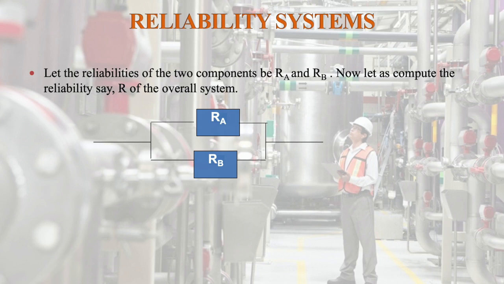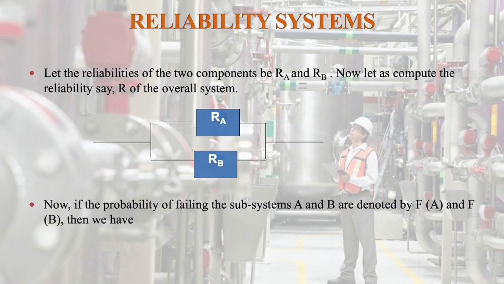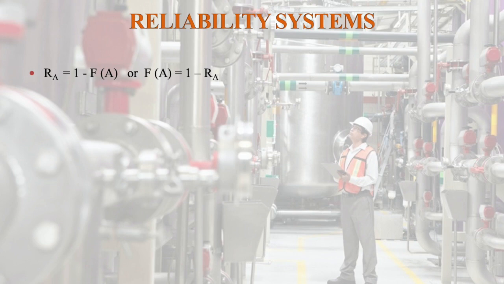If the probabilities of failing of subsystems A and B are denoted by FA and FB, then we have RA is equal to 1 minus FA, or FA is equal to 1 minus RA. RB is equal to 1 minus FB, or FB is equal to 1 minus RB.